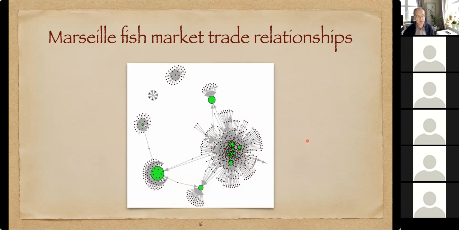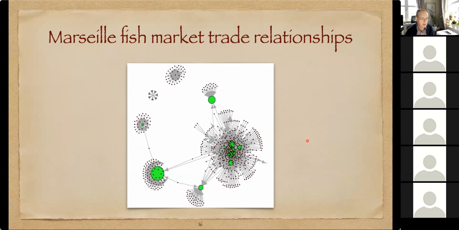Here we have a real trade network in the Marseille fish market. Marseille fish market is a professional market where chefs and restaurant owners and hotel owners and retail shop owners are all coming in the morning to buy fish from fishermen. And here we have the trades that are occurring in that market.